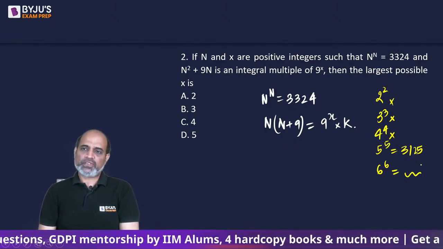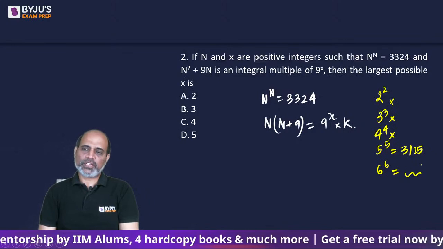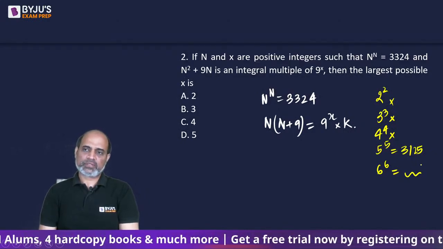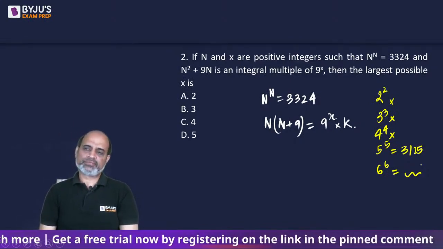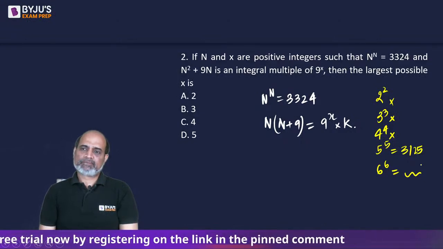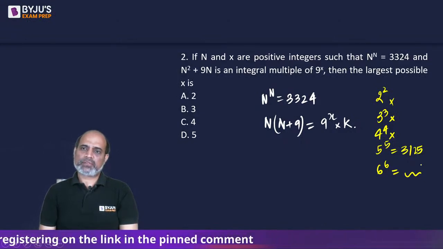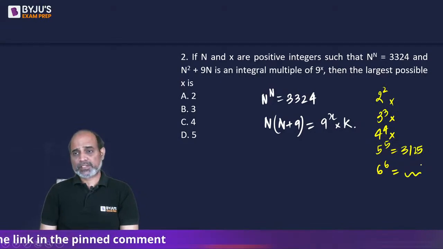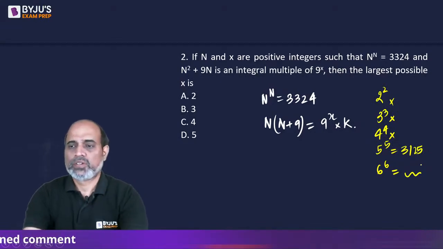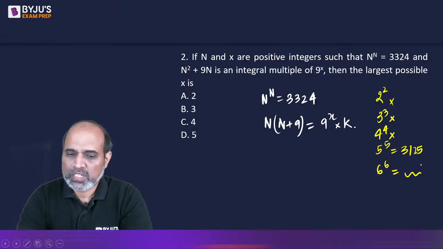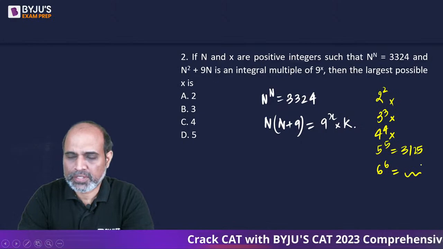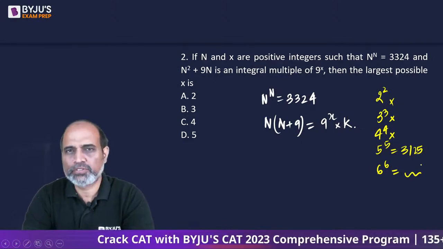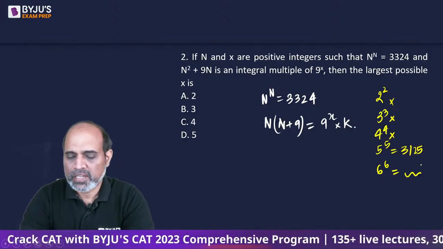So we need to find out the value of n where this 3324 makes sense. And n is an integer as well. See, 6 to the power 6 will end in 6 only, no? 3324 it can't be. We can have around 45,000 for 6 to the power 6.